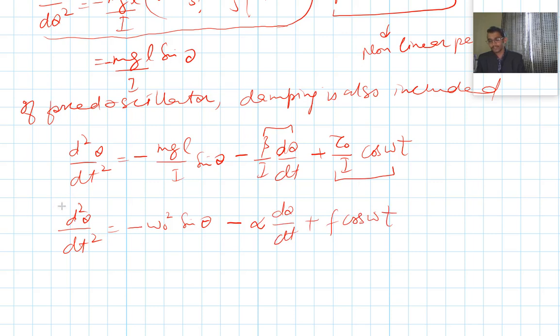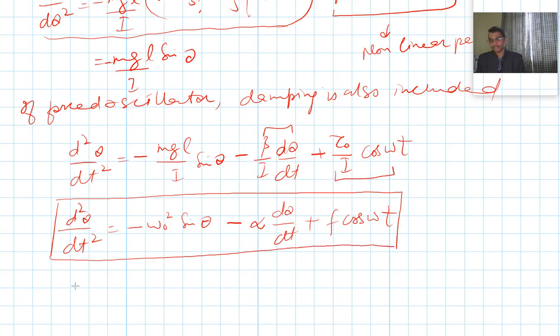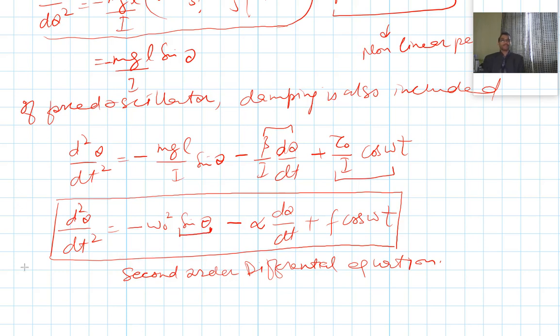So now this is a second order differential equation, and in this equation this term is not a linear term, this is a nonlinear term. Earlier, in lower classes, you have studied that only the theta term is sitting here, but it is not theta, it is sine theta here, and when I incorporate sine theta, it is a nonlinear differential equation.